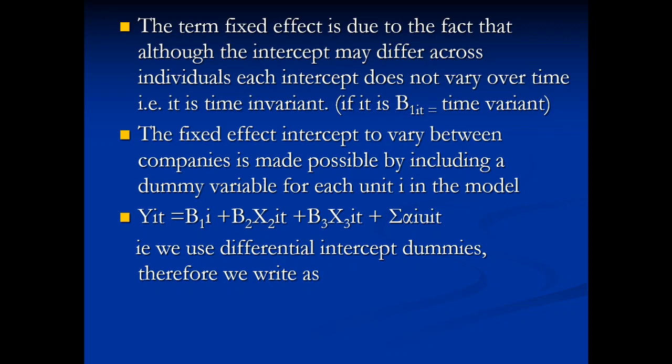That is, Yit is equal to beta 1i plus beta 2 x2it plus beta 3 x3it plus uit. That is, we use differential intercept dummies. So you have already studied the dummy variables, where you know how to use intercept dummies and how to use slope dummies. Here we are using intercept dummies to capture the difference among the four companies.